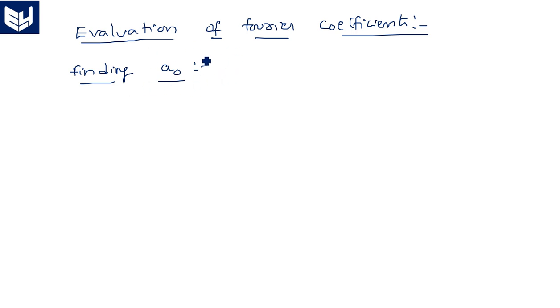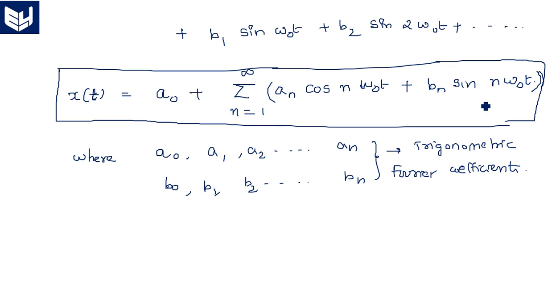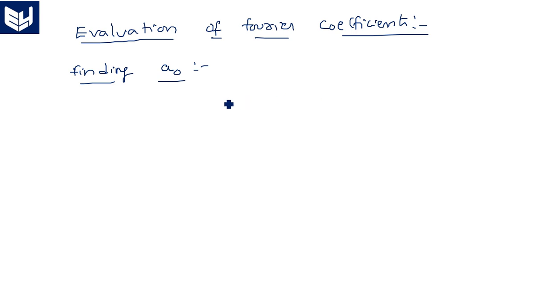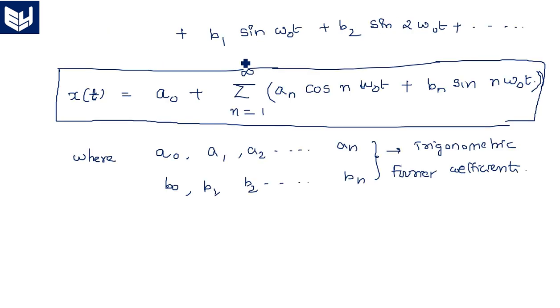So to find this a naught, we are going to take the expansion x of t and integrate on both sides over a period t naught to t naught plus t. I am taking this as equation 1.